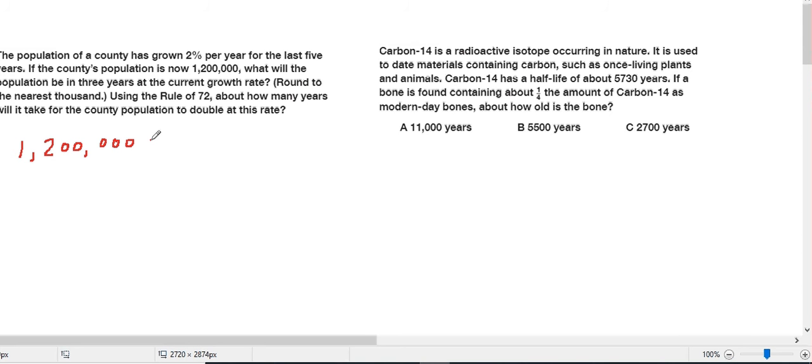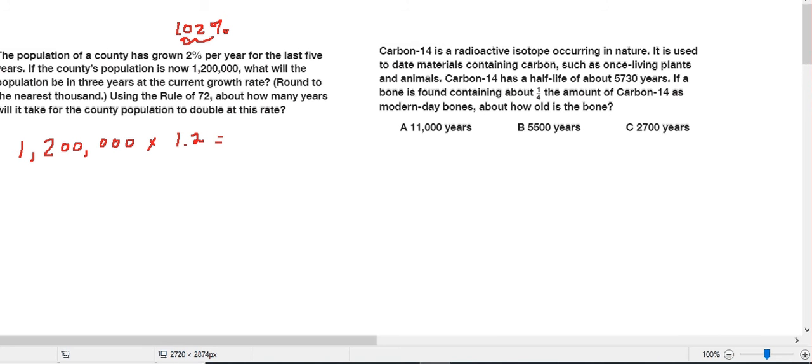What's its multiplier? 2% more would be 100%, 1, plus an extra 2, because we want 102% of what we started with, right? So the multiplier, we divide by 100, you use the divided by 100 version of that.